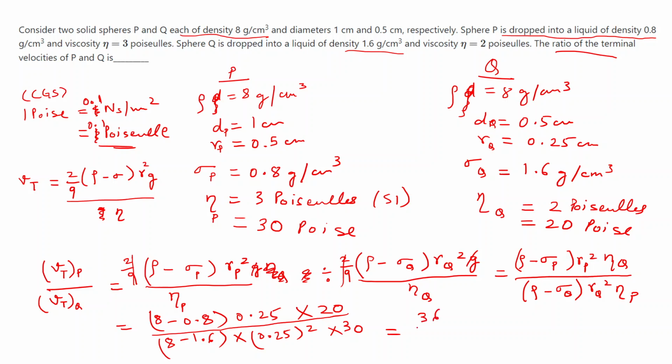Numerator becomes 36 and denominator 8 minus 1.6, which is 6.4 times 30 times 24, 25. Oh, so it becomes 12. So this will be 3, right? So the ratio is 3:1. This is, as was asked in the question, we needed to find out the ratio of terminal velocity for these two solid spheres. So the ratio is 3:1.